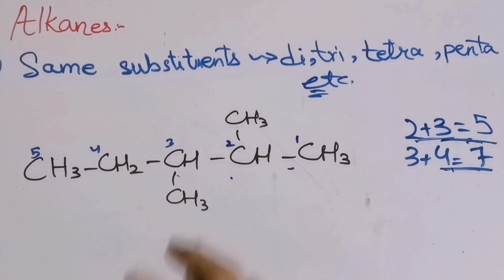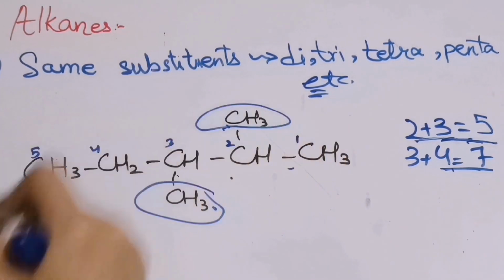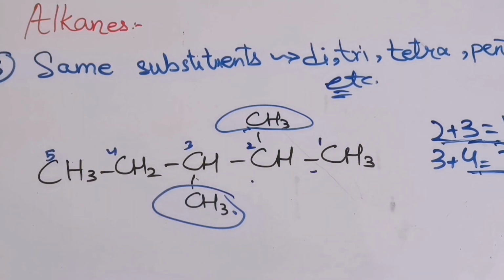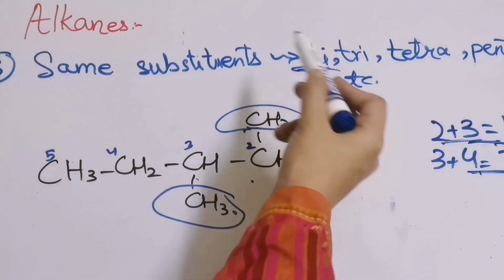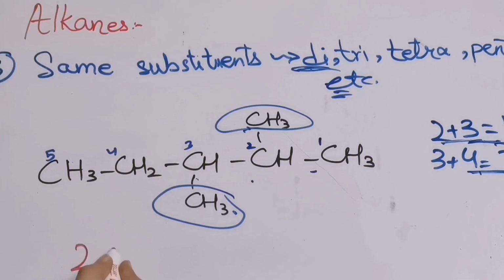In this case, see that we have same substituents. This is methyl and this one is also methyl. So two same substituents are present. So in this case, what we will do, that we will use the word di. First we will write the numbers, on which numbers they are present, 2 and 3. And how many substituents are present? 2. So we will write di. And what is the name of the substituents?